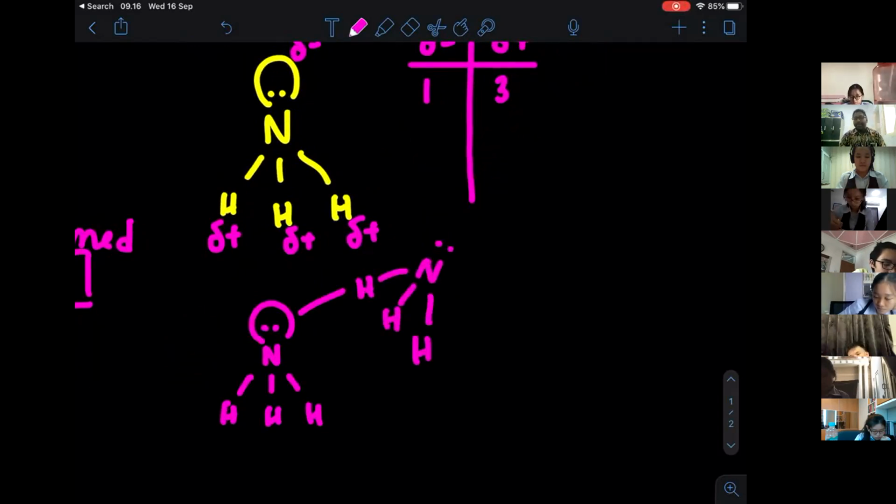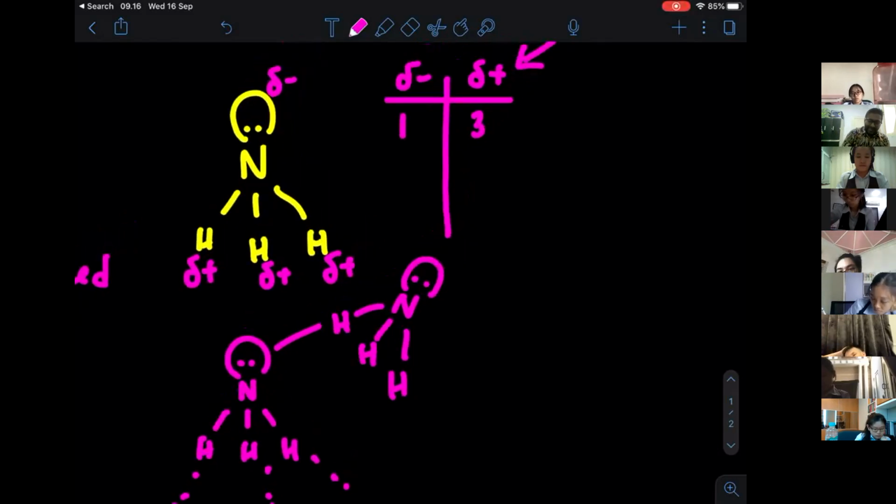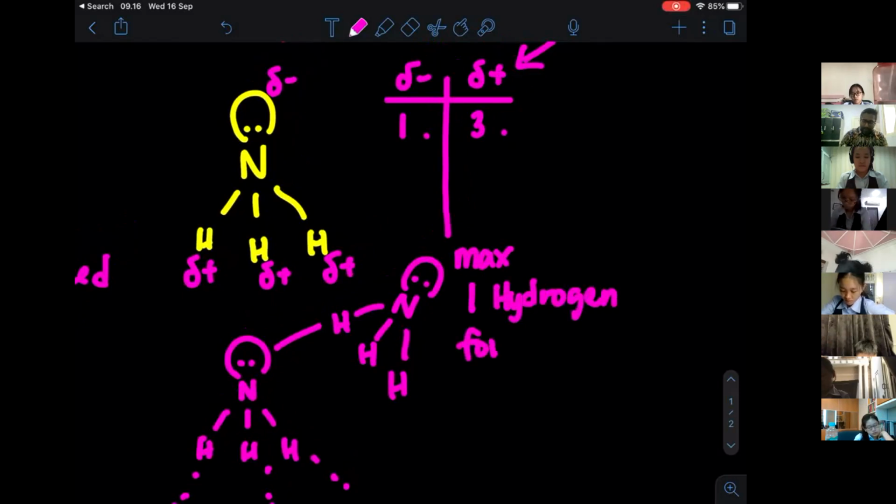Despite the fact that all the hydrogen bonds can be formed, do remember, when it comes to 1 particular molecule, when we count, it is going to be counted because of this 1 delta negative and 3 delta positive. There will be 2 hydrogens that will go into waste. So maximum you have 1 hydrogen bond for 1 molecule of ammonia.